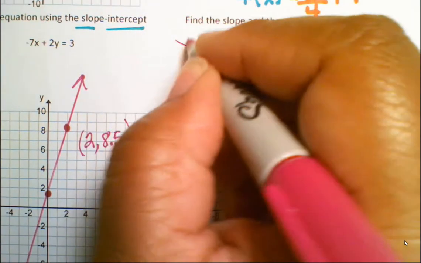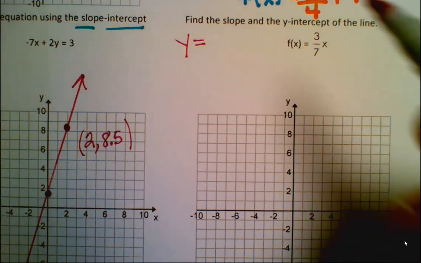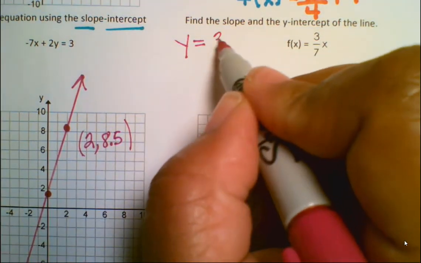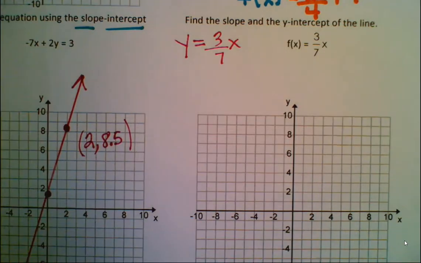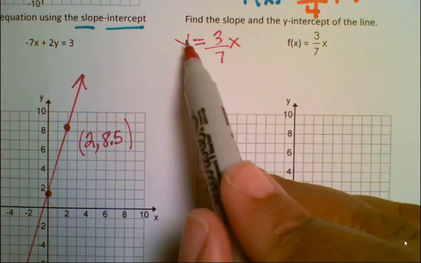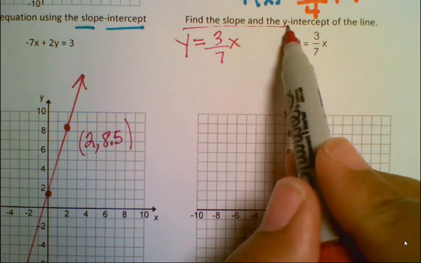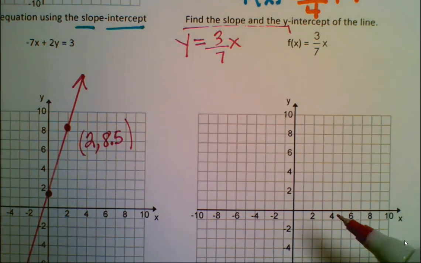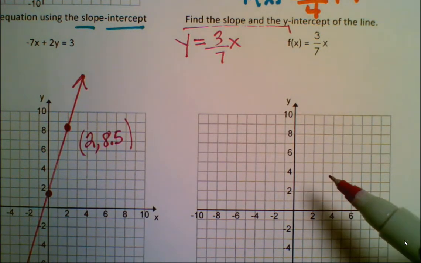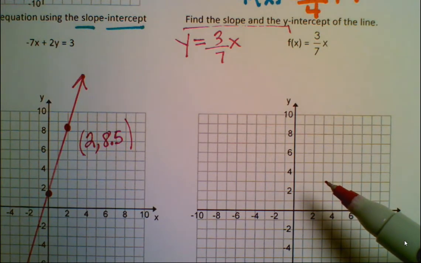We can say y is equal to 3/7 x, but it's still the same fraction. It's still the same slope. It's still the same equation. It's just that we changed the beginning names of the equation. Function notation, a linear function, or we would say a linear equation, is the same.